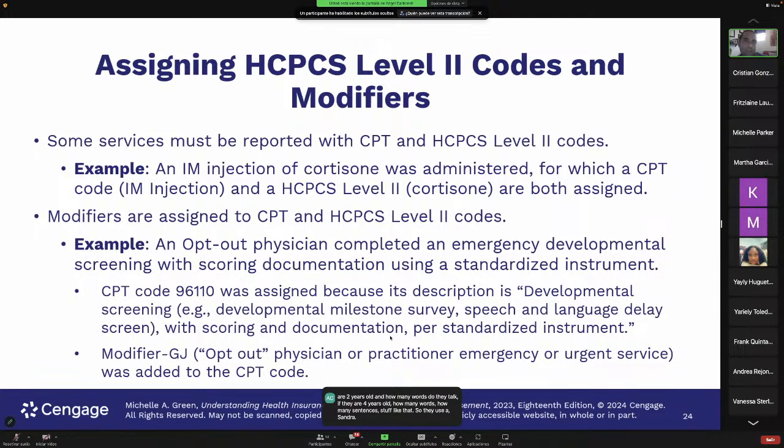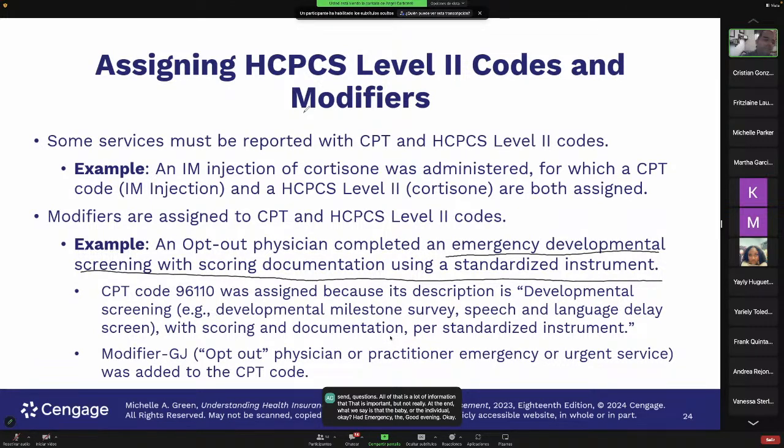It has a bunch of questions. All of that is a lot of information that is important, but not really. At the end, what we say is that the baby or the individual, okay, had emergency developmental screening with a standard instrument.